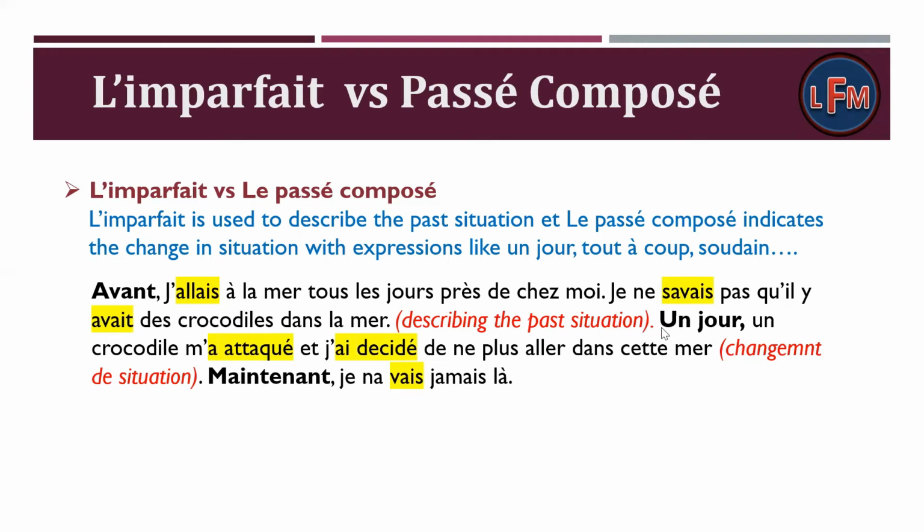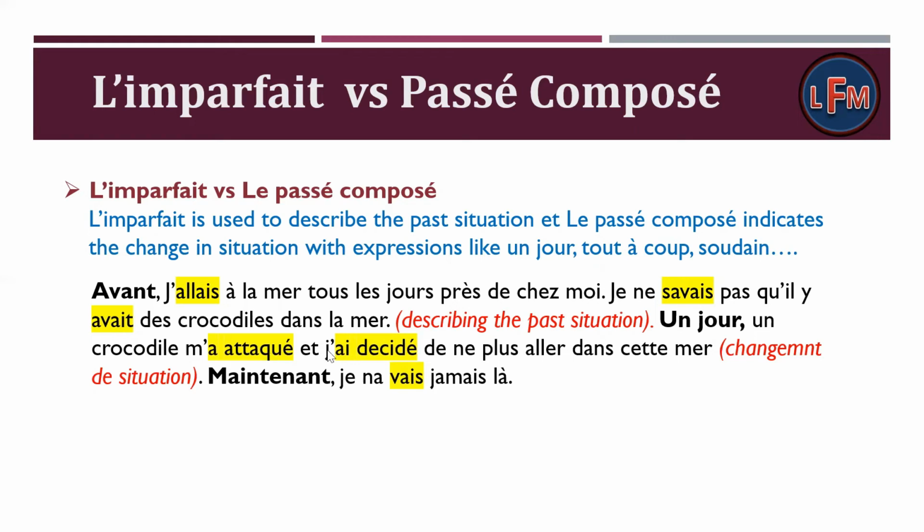But un jour, un crocodile m'a attaqué et j'ai décidé de ne pas aller dans cette mer. Here there is a change in the situation. One day a crocodile attacked me and I decided not to go to that sea anymore. Here it is the change in situation.